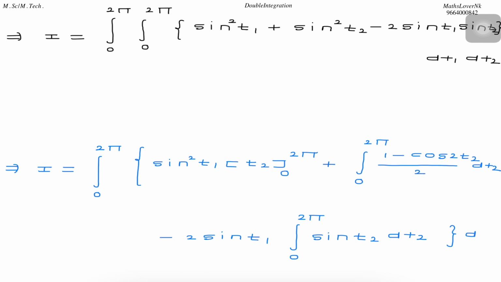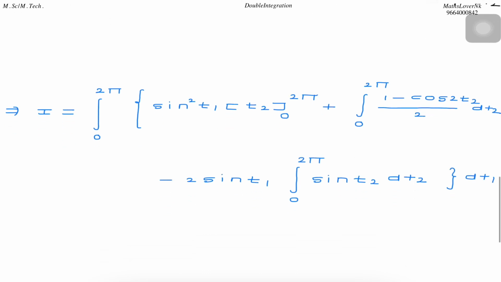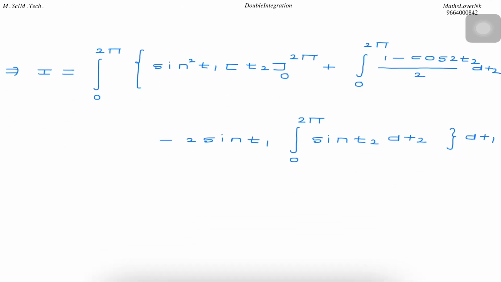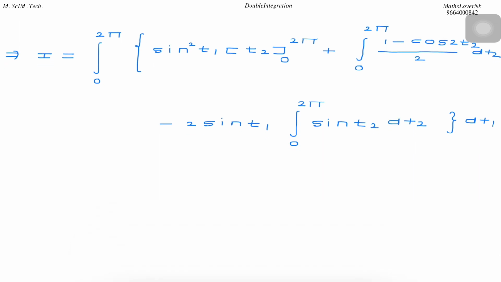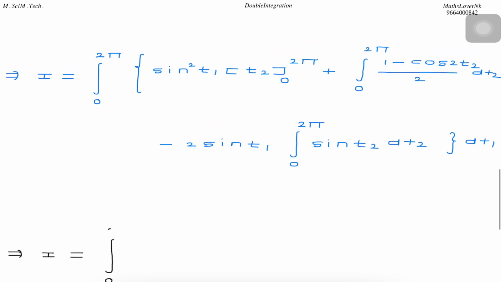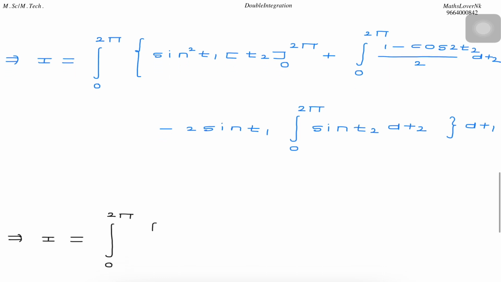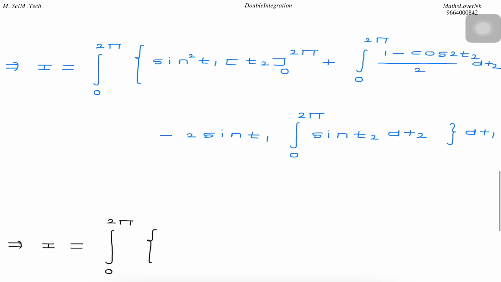Now we solve this and get I is equal to the integral from 0 to 2π as it is. When we put the values, first write the upper value, then the lower limit: sin square t1 times (2π minus 0).